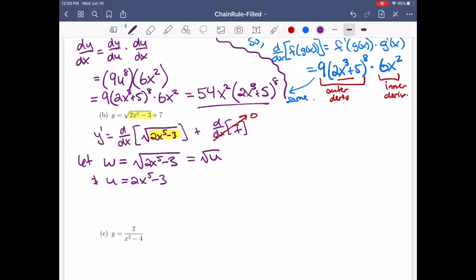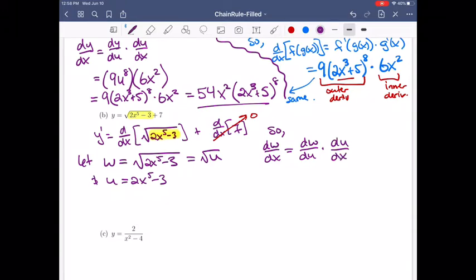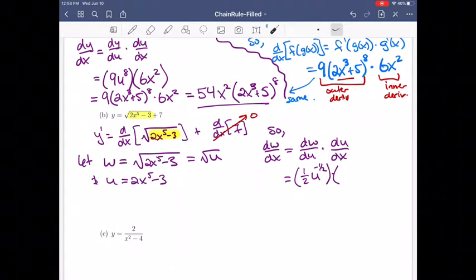Then dw/dx is dw/du times du/dx. When I want to take the derivative of w with respect to u, I want to use this equation here. So this is u to the 1/2, so this is going to be 1/2 u to the minus 1/2. Now I want to take the derivative of u with respect to x, so that's going to be 10x to the 4.